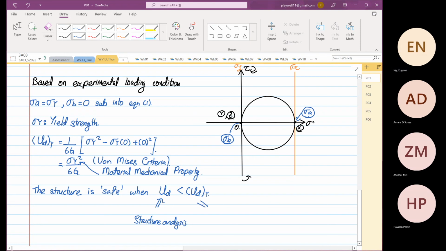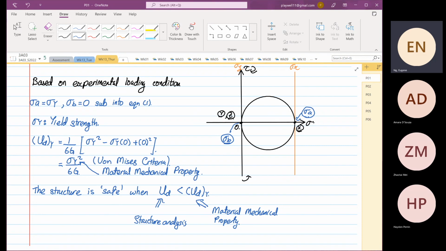UD with a capital Y at the end is the material mechanical property.